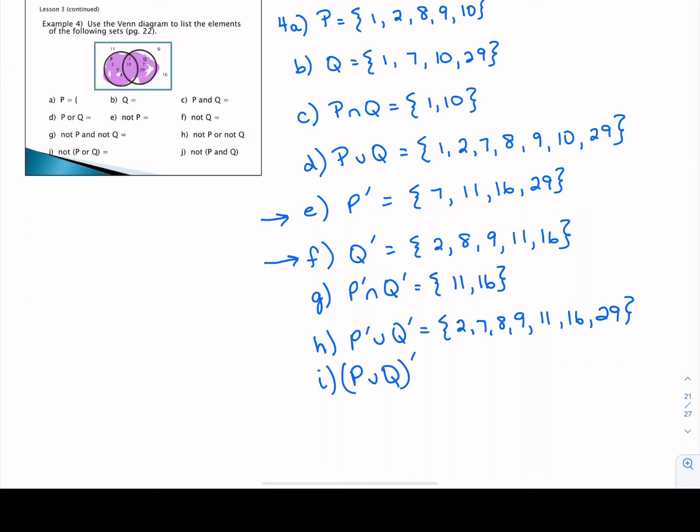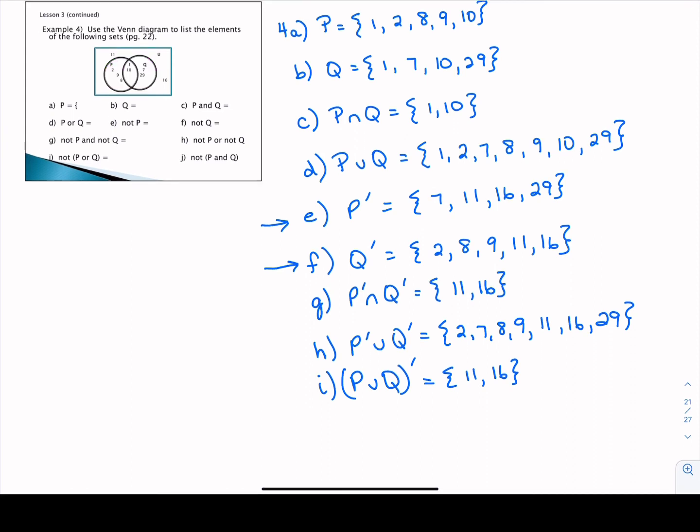So these are the parts of the set that we're thinking about for P union Q. So if it's not that, we can see very quickly and easily that that set is going to be made up of 11 and 16 because those are outside of the highlighted regions. So I highlighted P or Q and we want not that. So we want anything in the universal set that's not highlighted.